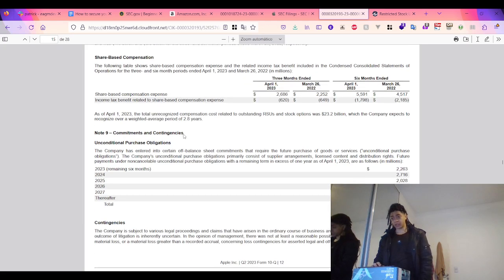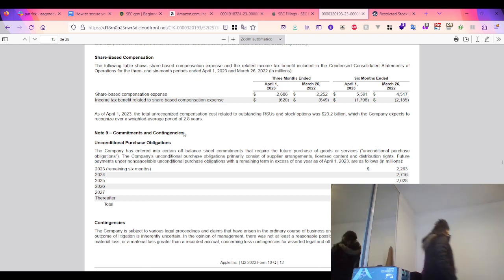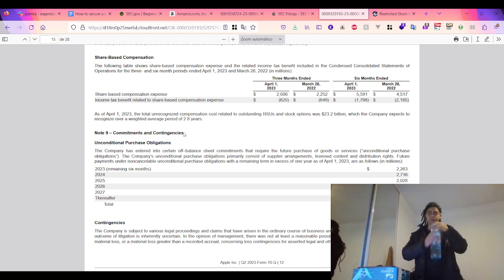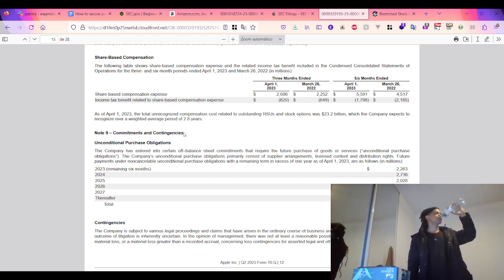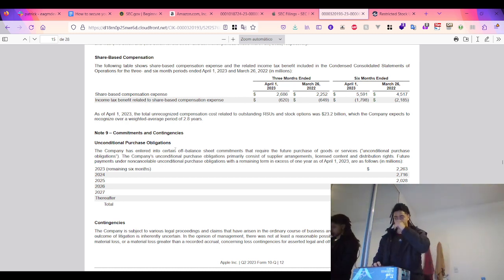And then I look here at the commitments and contingencies. Commitments and contingencies.